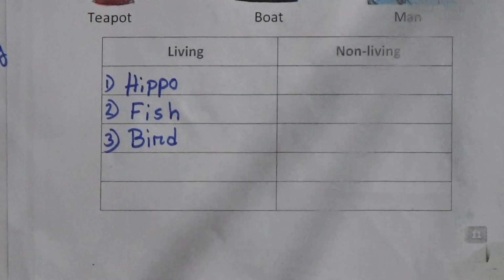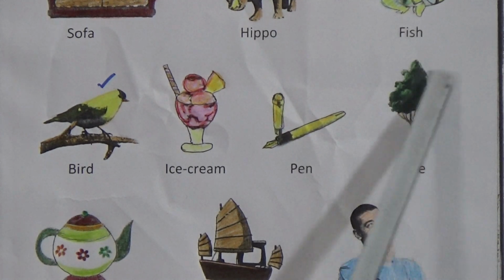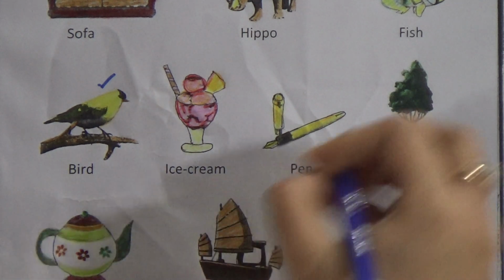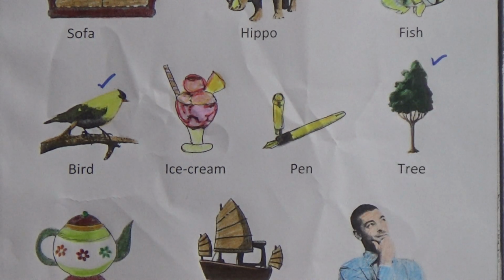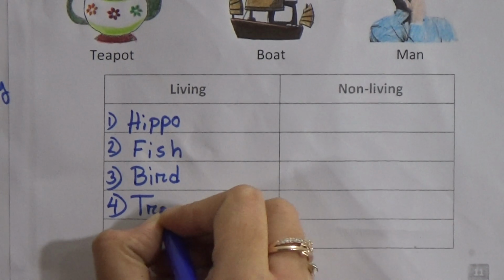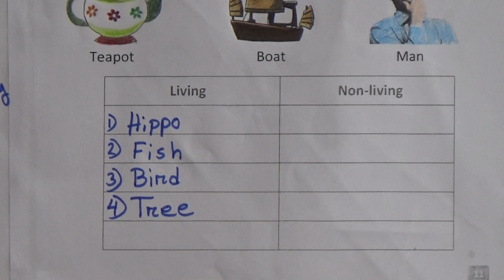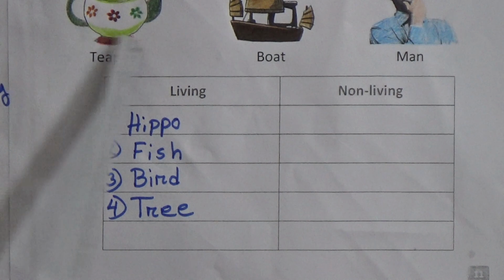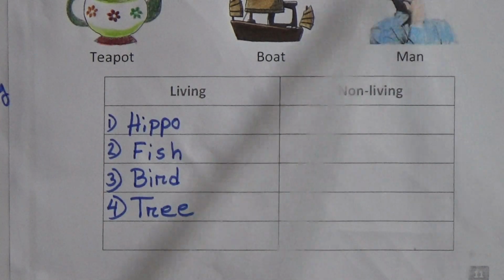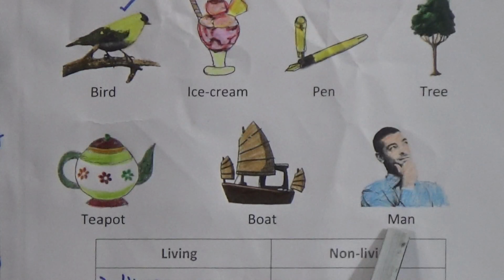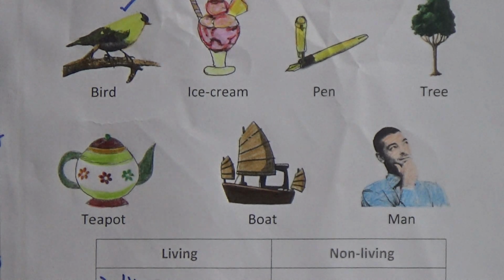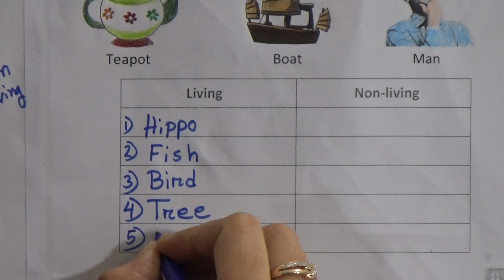And after that, we can see a picture of a tree. A tree is also a living thing. We will write here tree. And in the next line, among these 3 pictures, a man is a living thing. So number 5 is man.